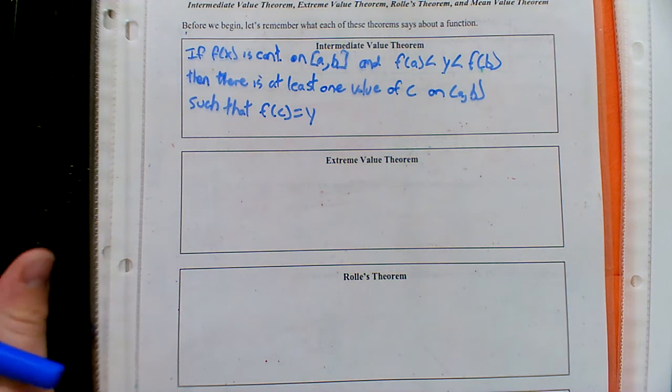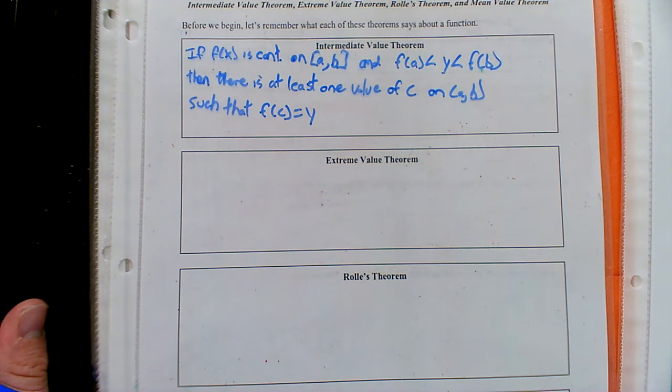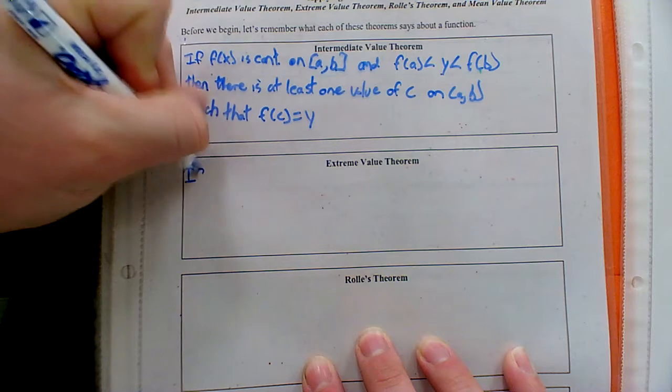Alright, so the next one is the extreme value theorem. The extreme value theorem, does anybody remember that before we write out the definition? What do you think of when you think of extreme values? Maxes and mins. Okay, so let's look at the definition then.